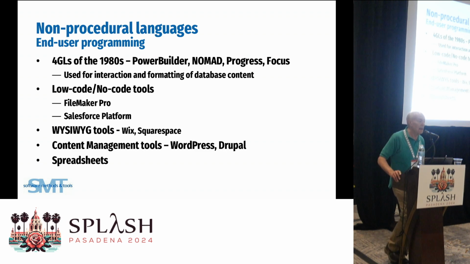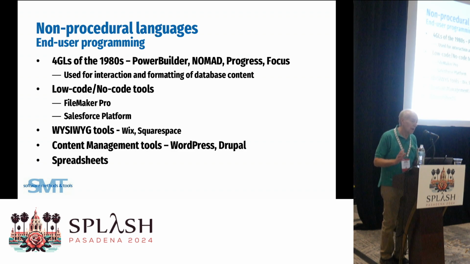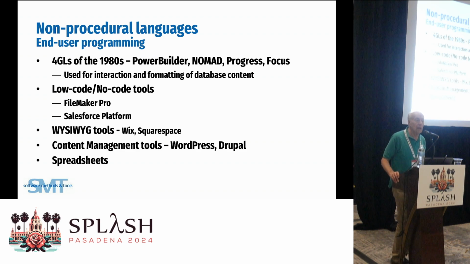But the idea, again, of non-programmers, end-user programming, being able to do their own thing was an important step along the way. And what came out most visibly are what's called fourth-generation languages, right? So as we move up another level, and there were a lot of them.